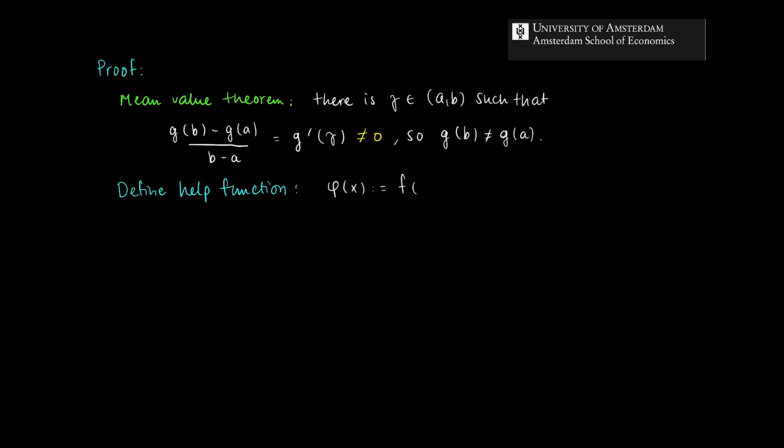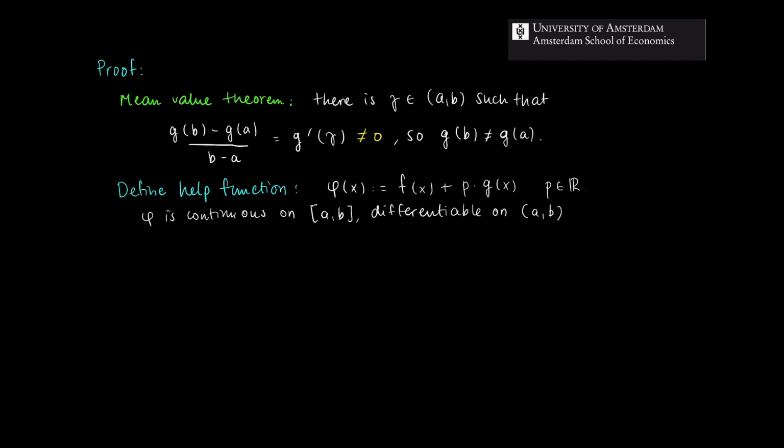Define a function phi as f(x) plus some number p times g(x), where p is some number in R. Since f is continuous, p is a constant, and g is continuous, phi is continuous on [a, b]. And as a linear combination of two differentiable functions on the open interval (a, b), it is also differentiable there.